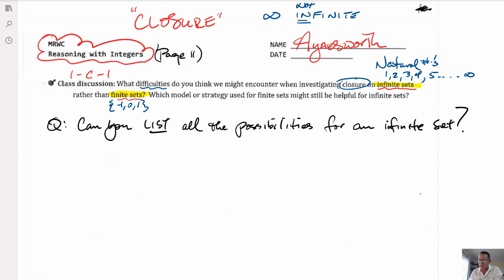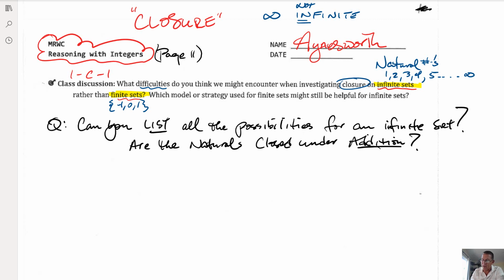For example, if I ask you if the naturals are closed under addition, so if I ask you this, are the naturals closed under addition? Let's say I asked you that.